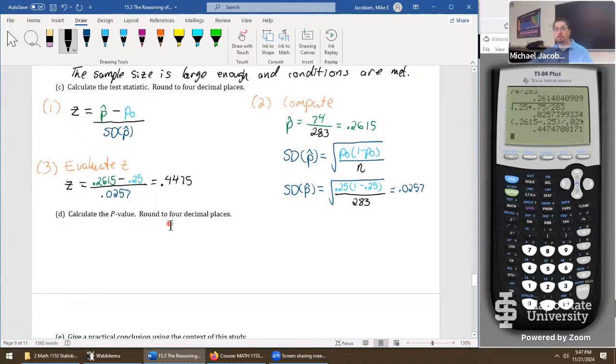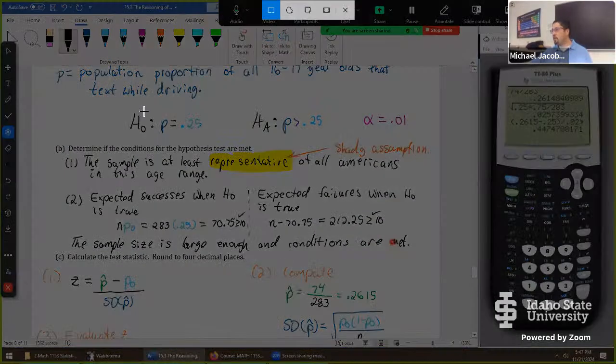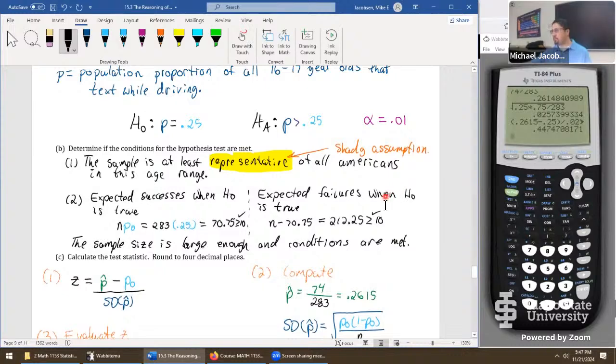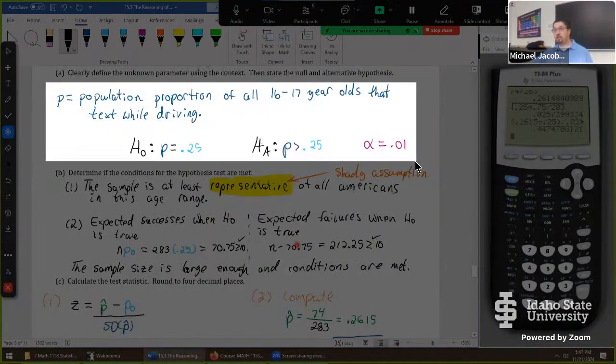So as far as the p-value goes, we need to look up our hypotheses. The major thing we need to know about them is, what kind of a test was it? We might as well take a bigger screenshot since we'll eventually need all of this stuff for our conclusion.